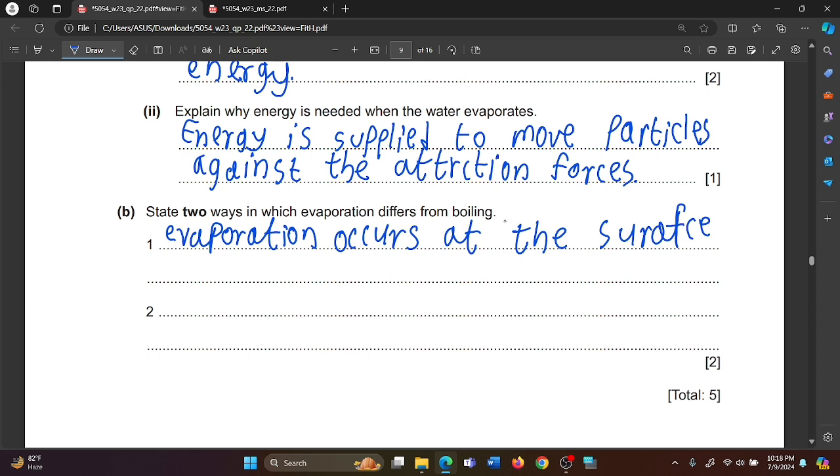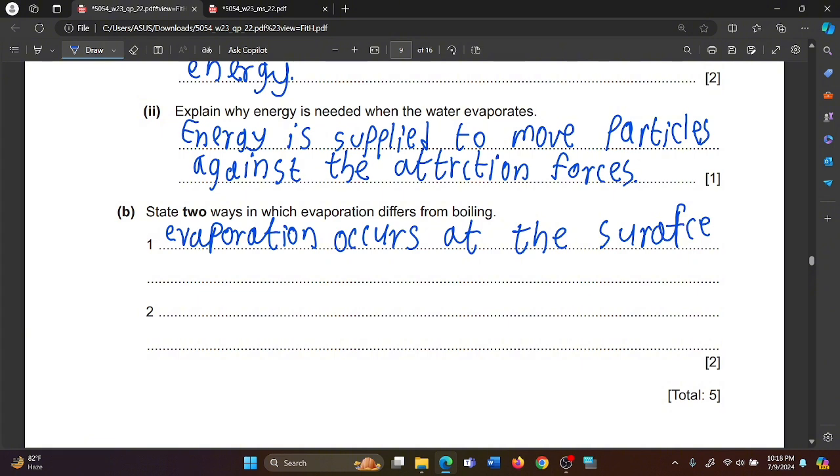We do see bubbling in boiling, but we never see bubbling during evaporation. Evaporation occurs with every liquid at any temperature. Like if you have a glass of water at a temperature of 10 degrees Celsius, evaporation still occurs, because evaporation occurs at every temperature within the melting and boiling point of the liquid, at its liquid state.